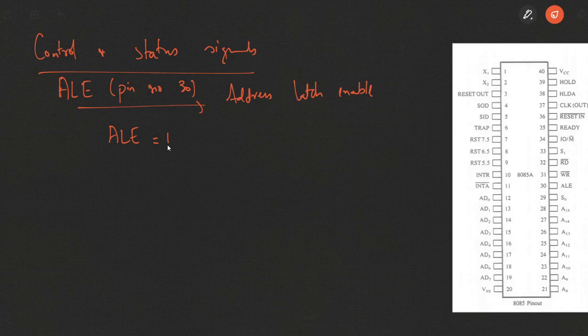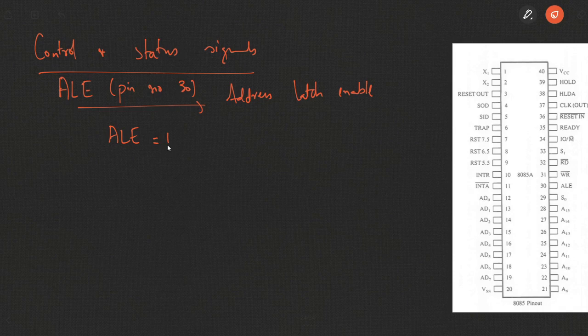As far as the address from A8 to A15 is concerned, it will always be available to us at the output, because the purpose of A8 to A15, that is pins 21 to 28, is only to carry the address. But pins 12 to 19 have to carry both the address as well as the data.